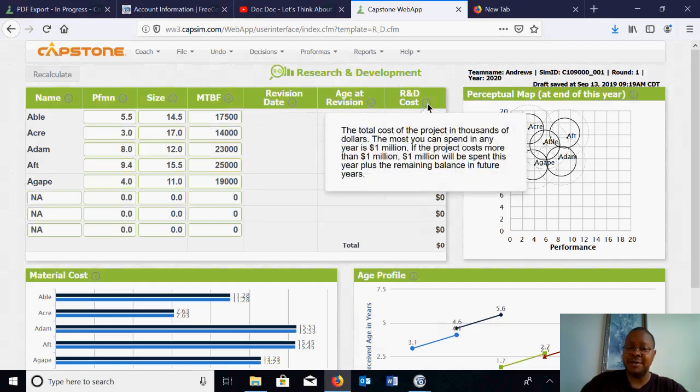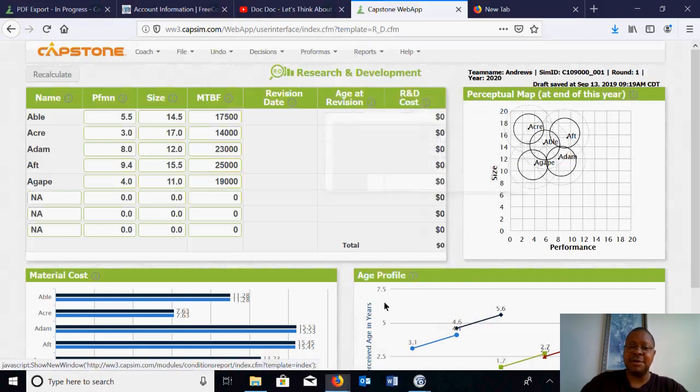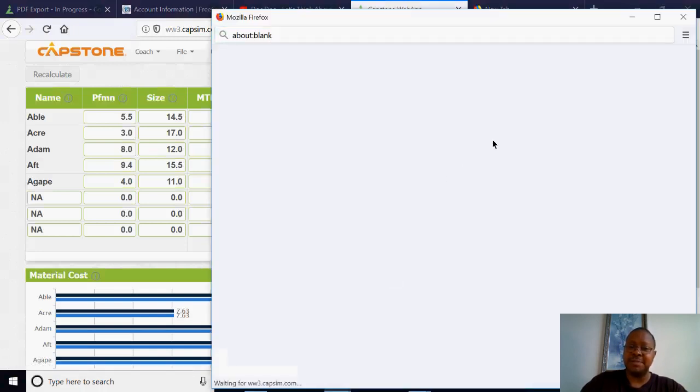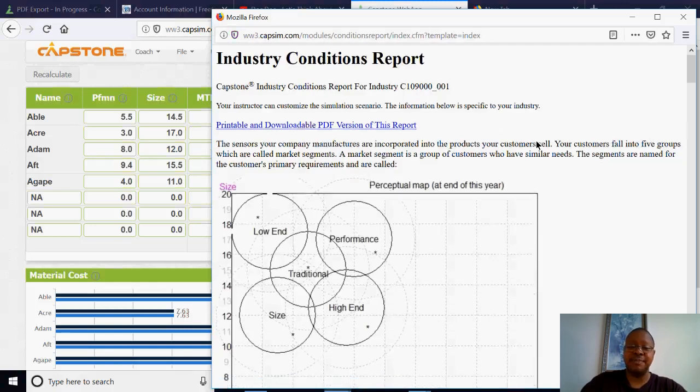And then there's the relative cost of that. As you probably know, anything that requires an upgrade or a movement in the marketplace, or additional R&D, is going to cost some additional funds. One thing you will need is the industry conditions report for R&D, especially at the beginning, and after that you will probably need any report that's part of the Capstone Courier, which is basically the financial statements.